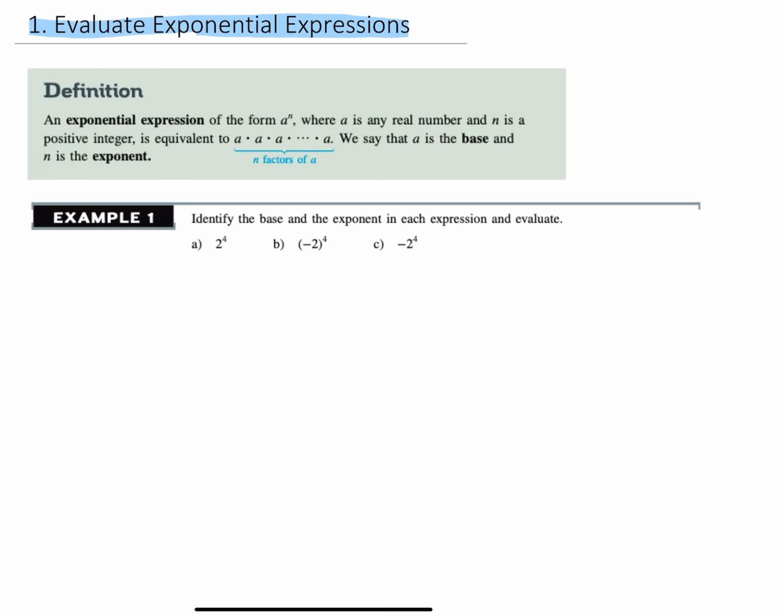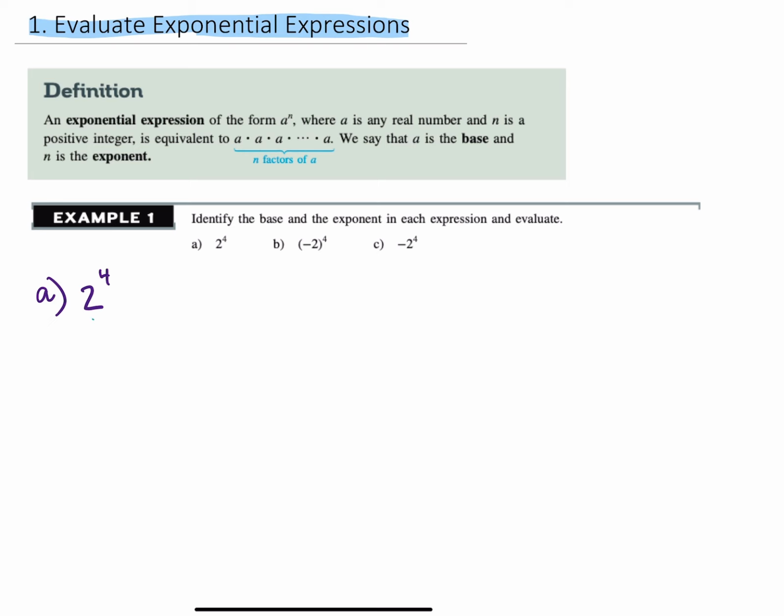But we call this letter a the base, and n is the exponent. So let's apply this to some specific examples. This first one is 2 to the fourth power.